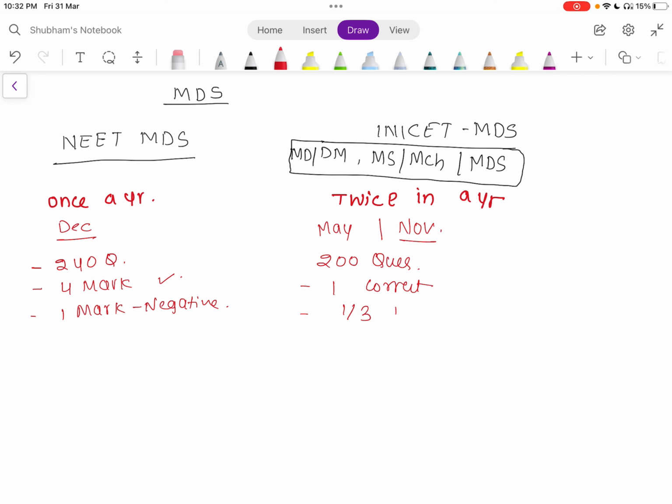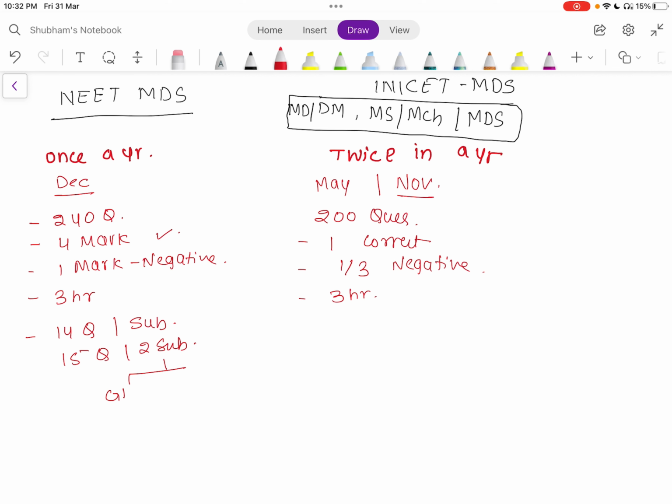There are a few more things you must know. In NEET MDS, your pattern is followed as 14 questions per subject, excluding two subjects which will have 15 questions. And which are these two subjects? Sometimes it's general medicine and general surgery.